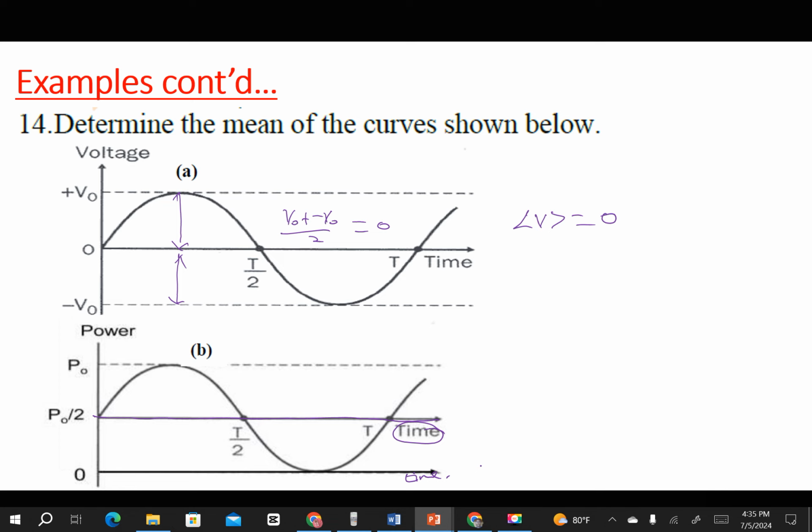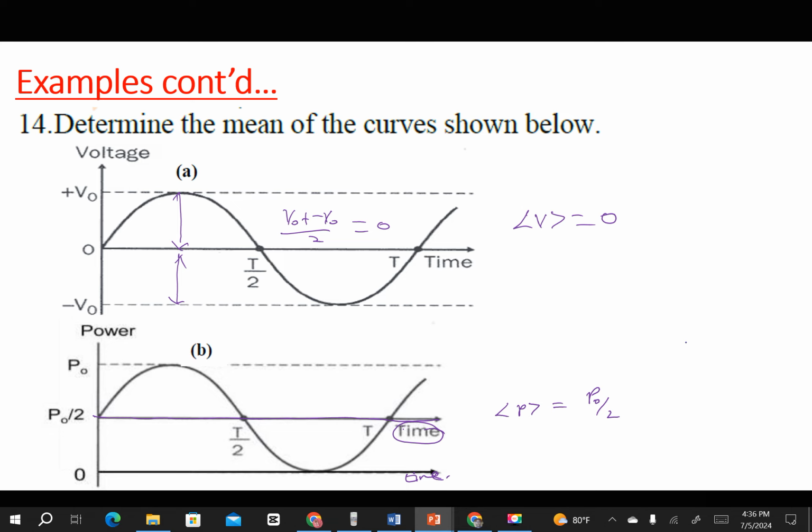If this is power, the average value of power is going to be equal to P naught over 2. I think this graph is wrong because the graph of power against time cannot be below the x-axis. The time axis is supposed to be at the bottom here. I think that was a typing error. So the average power is always P naught over 2.